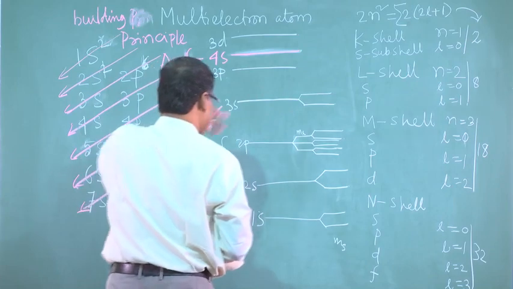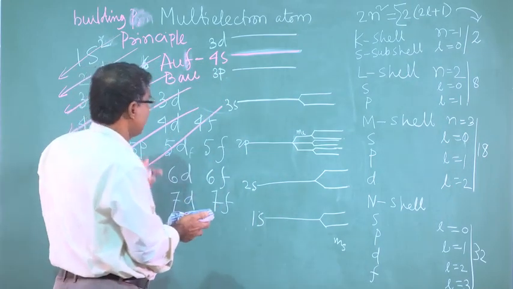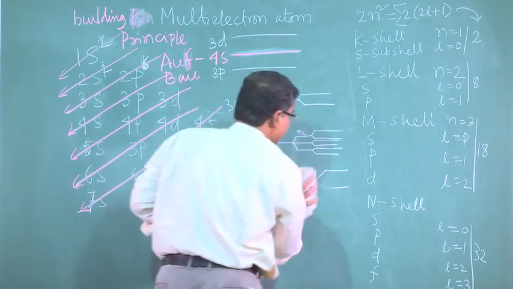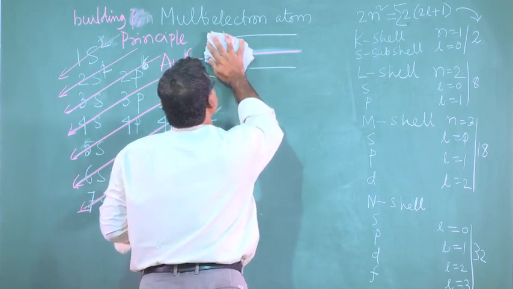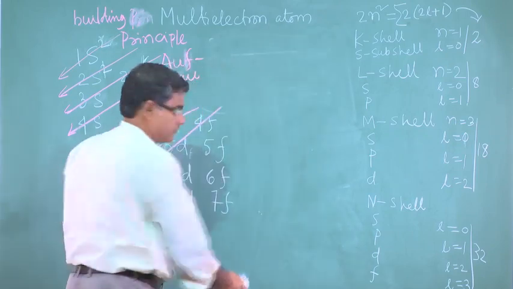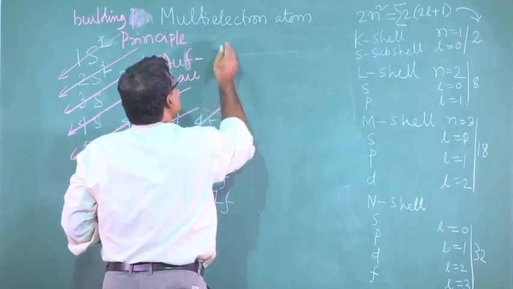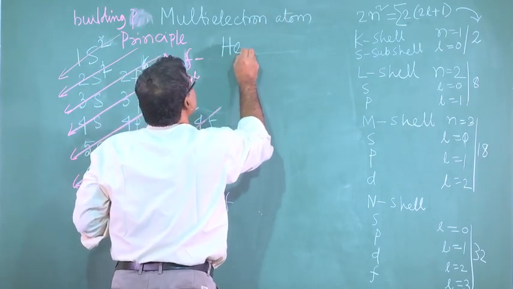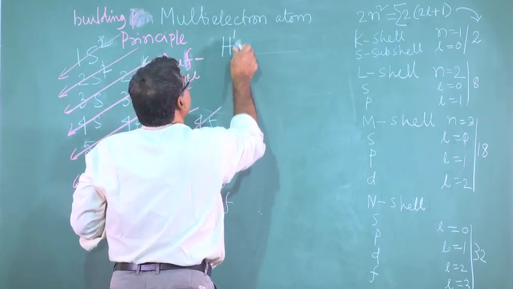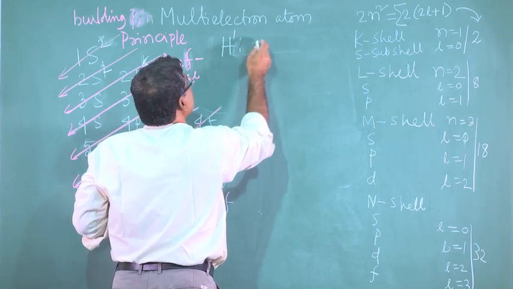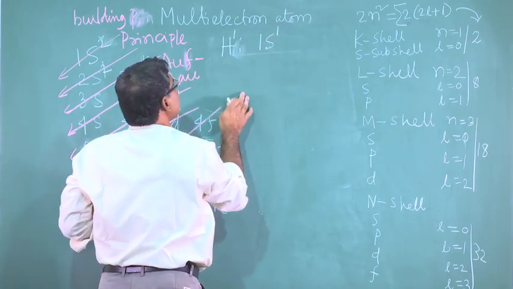So, if I know this sequence, then for any number of electrons one can find out the configuration. For hydrogen, 1 electron, its arrangement is like this.